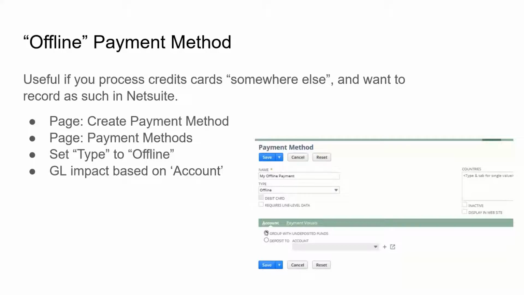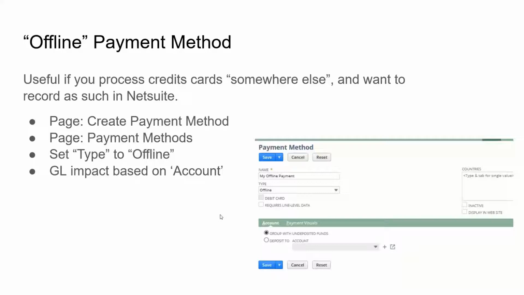The other thing that's interesting that I'm not going to spend a lot of time on is, if you're taking payments and you're dealing with bank rec, undeposited funds becomes a thing. You either love this or you hate it, or maybe a little bit of both. I think for me, it's a little bit of both.